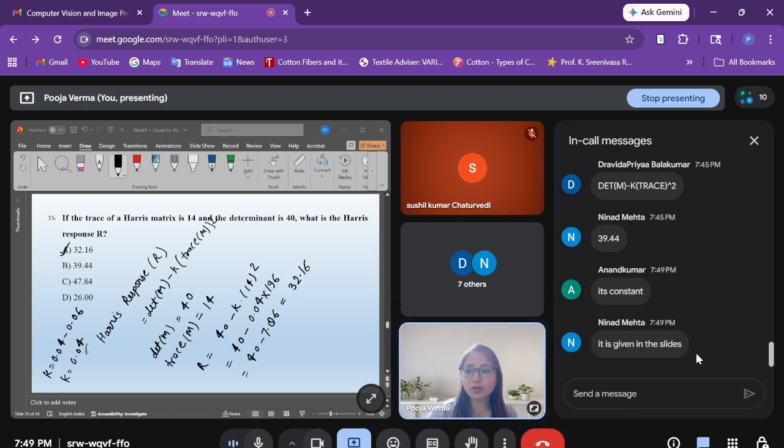It is a constant. Already we have defined it in one more question. What is K told to you? It is a selectivity, right? And it will vary from 0.0 to 4. It is given in the slide as well.